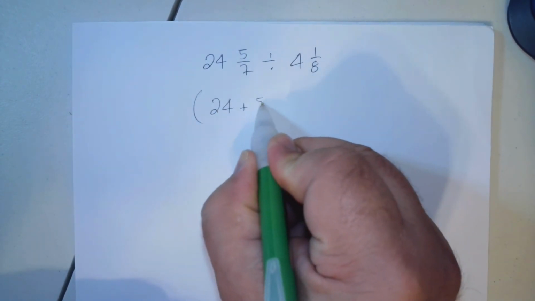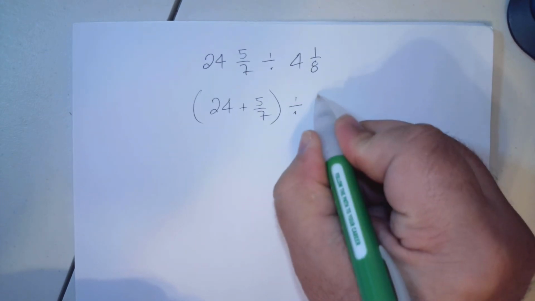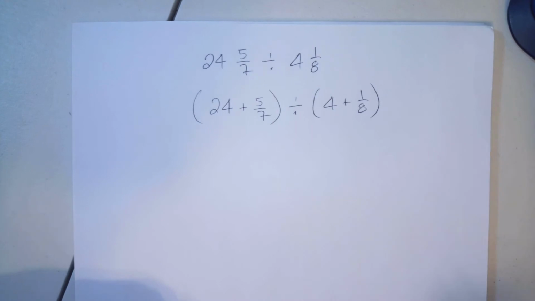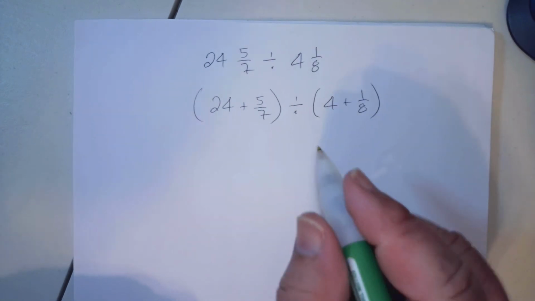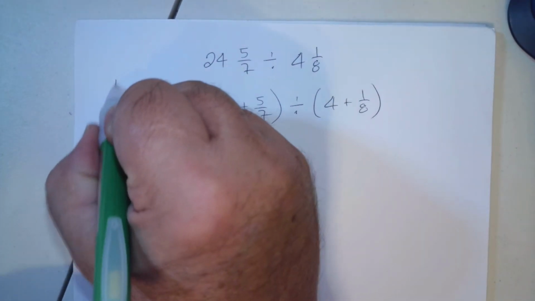That's 24 plus 5/7, and 4 plus 1/8. All right, remember we're estimating.